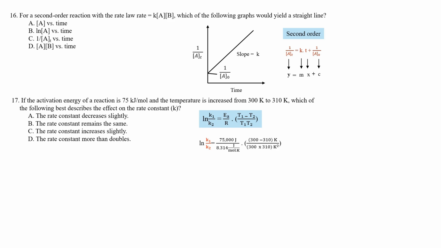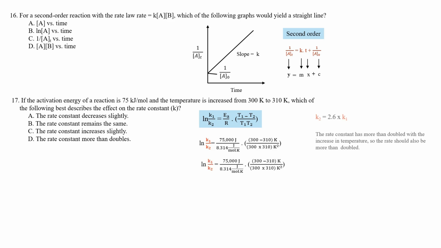And let's apply the values. ln K1 divided by K2 is equal to EA, where EA is activation energy. It's given in the question as 75 kilojoules, so 75,000 in joules, divided by the R value 8.314 joules per mole per Kelvin, times T1 is 300, T2 is 310. So after you solve this, you can see the K2 and K1 values connection.